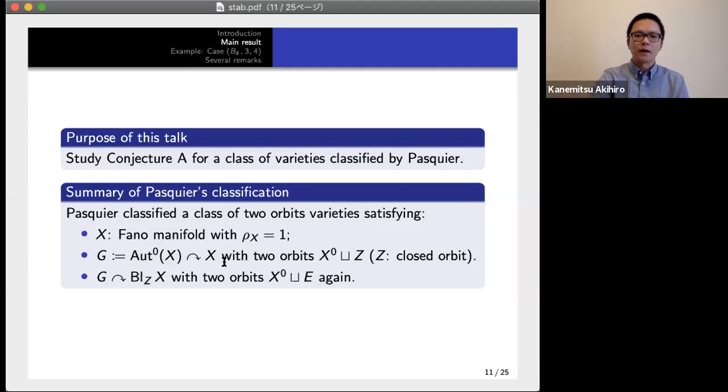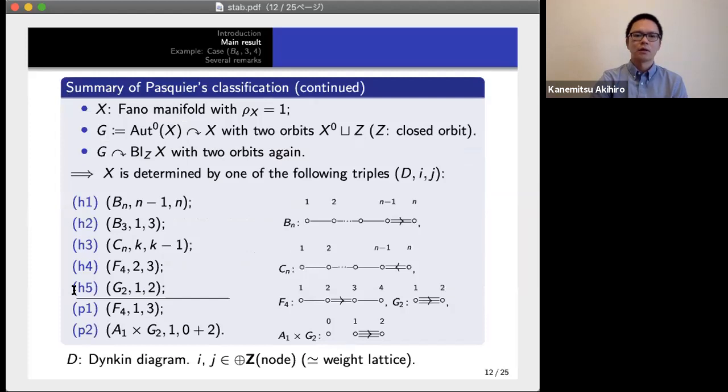And furthermore, we assume that the blow-up of X along Z is again a two-orbit variety with respect to this group G. So the blow-up decomposes into X_0 and the exceptional divisor E. Pasquier classified Fano varieties with these conditions.